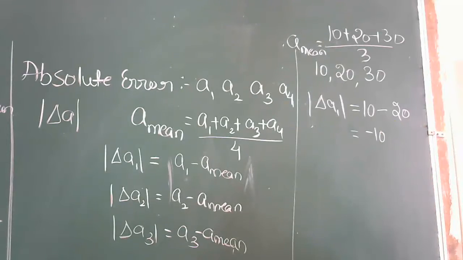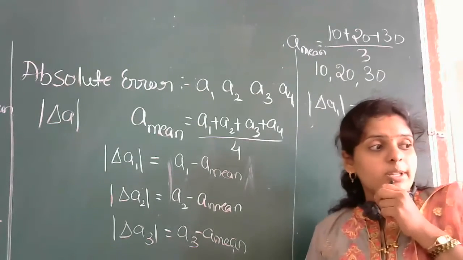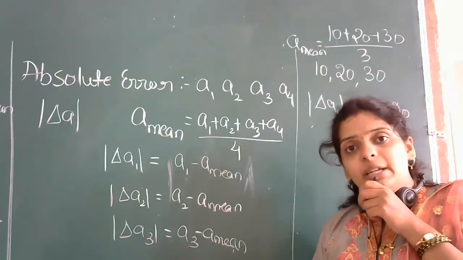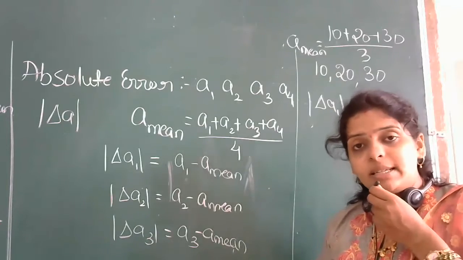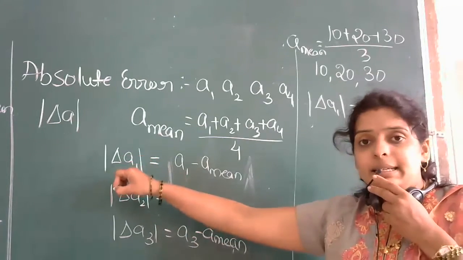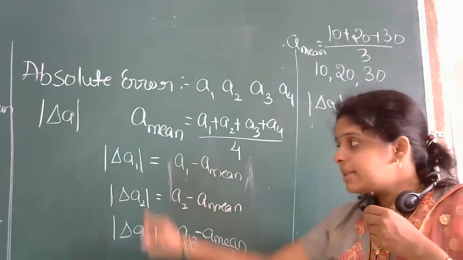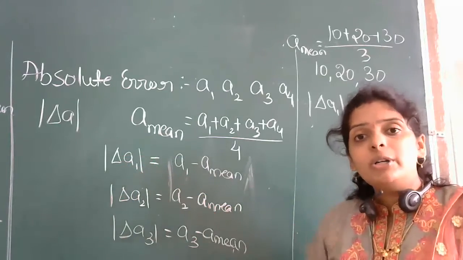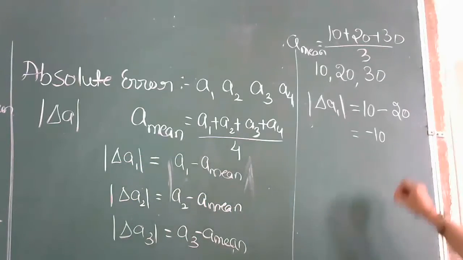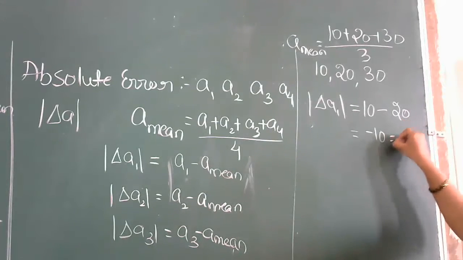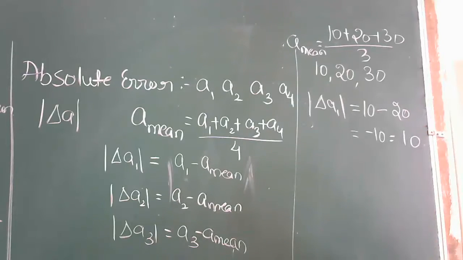But in the definition, absolute error is always positive, because you are representing it in a modulus symbol. Therefore you write plus 10 only. First you can write it like this, then write it as equal to 10.